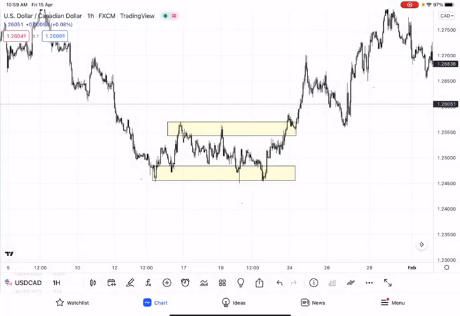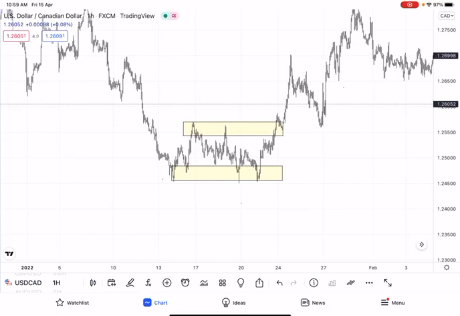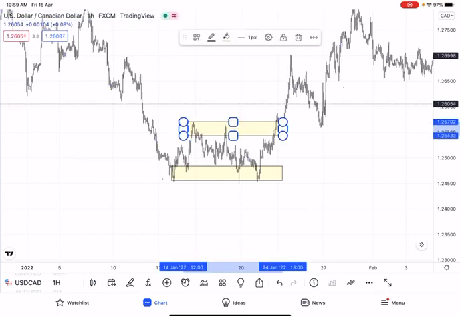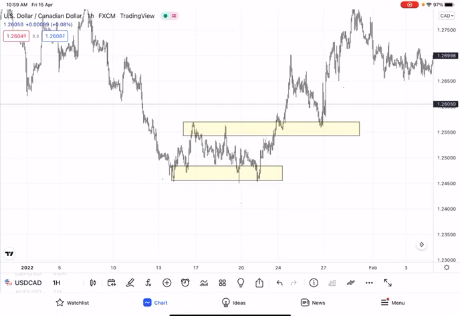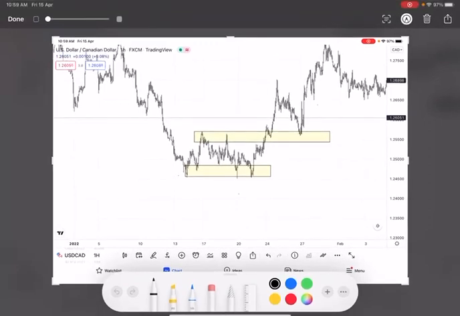If you look at the chart, you will see that the price came back exactly to the area in order for you to make a decision to buy. There you go. 1, 2, 3, breakout.